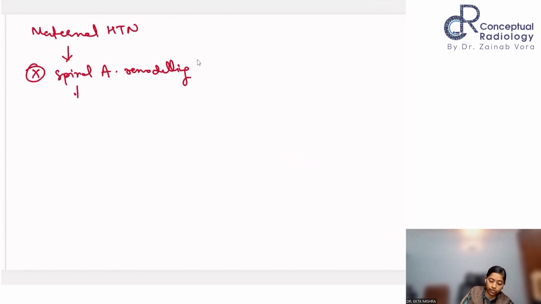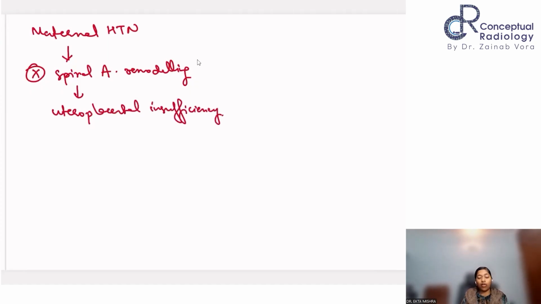That leads to uteroplacental insufficiency. Now, how do I know by ultrasound that there is uteroplacental insufficiency in the first trimester scan? The mean PI of the uterine arteries would be raised because of increased resistance.